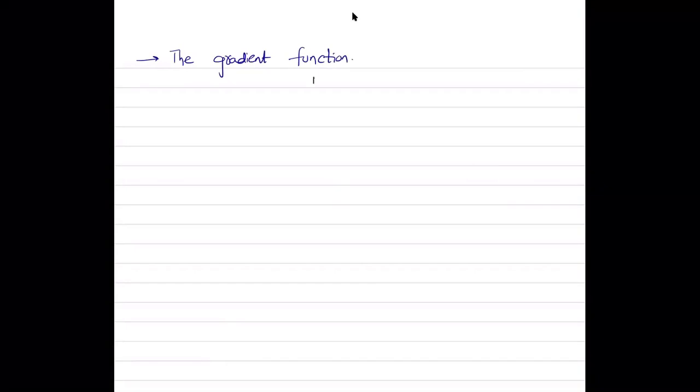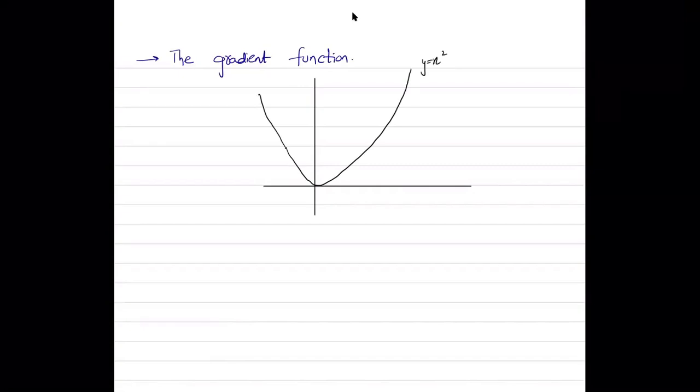The first thing that we are going to look at in the differentiation chapter is the concept of the gradient function. Now, I'll just give you a brief example. If you have this curve of y equals x squared, and there are two points A and B on the curve.